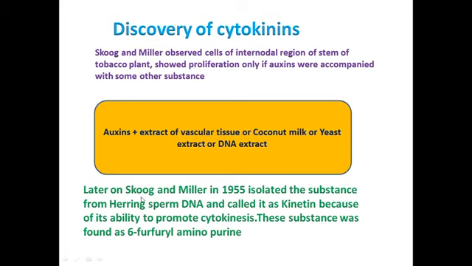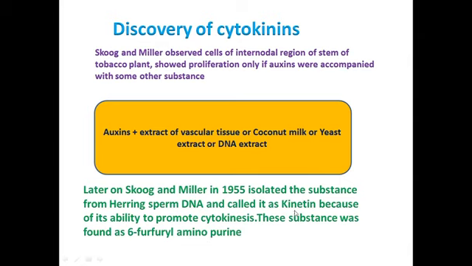So auxins plus that substance, and that substance can come from any of these tissues. Later, Skoog and Miller in 1955 isolated the substance from the herring sperm DNA. Herring is a fish. They called it kinetin because of its ability to promote cytokinesis, because of its ability to promote cell division. This substance which they extracted from the herring sperm was found to be 6-furfuryl aminopurine.